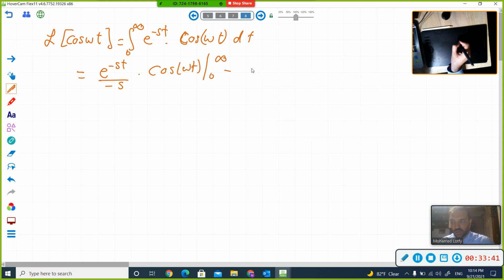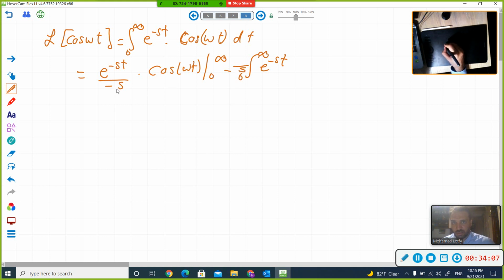This is the integration sign. Put the first function as it is, and the s will not be integrated because the integration is with respect to t, so we can pull it out, divided by s.